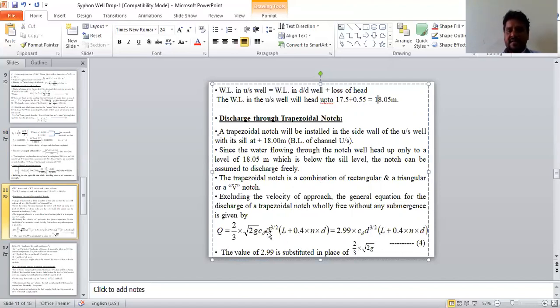Here D is depth. Depth is known, 0.75 is the depth. N is the unknown number of contractions. L is unknown. So substitute everything, you will get 2.99.